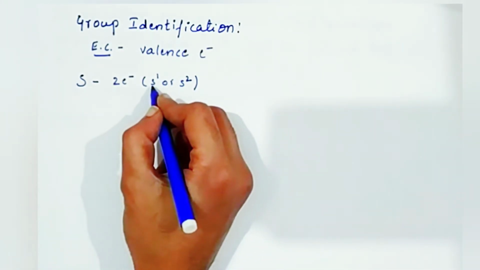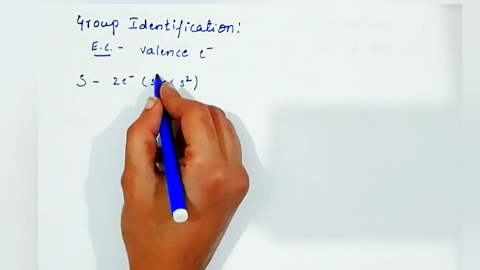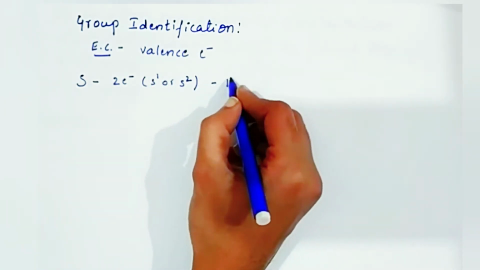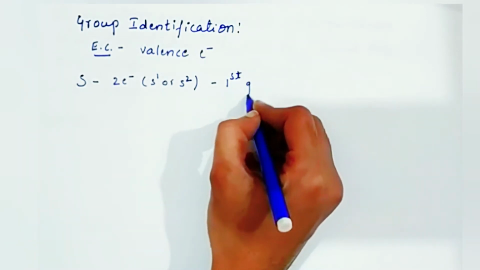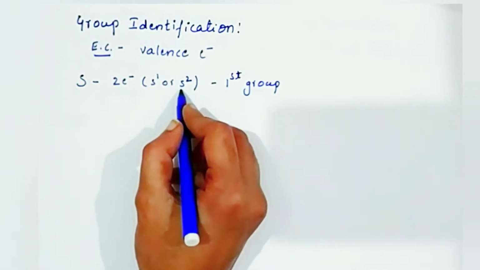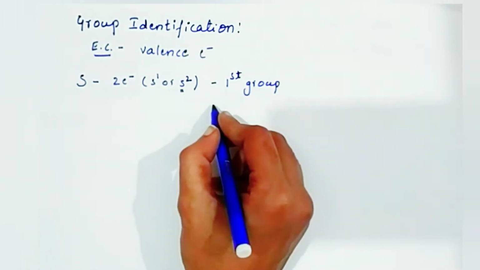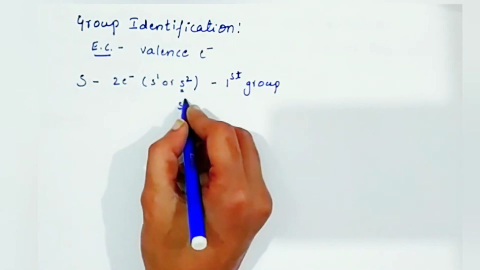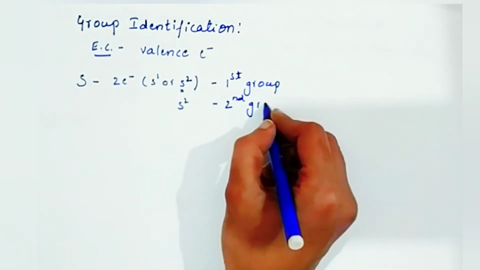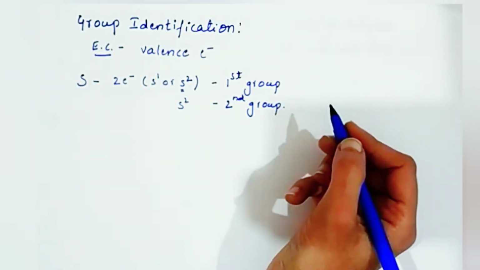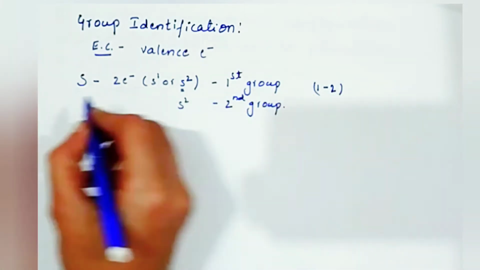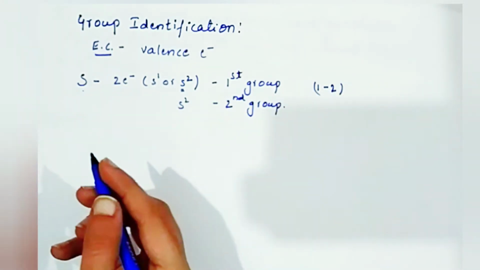If the configuration is s1, it belongs to the first group of the periodic table. If the configuration is s2, it belongs to the second group. Groups 1 and 2 belong to the s block of the periodic table.